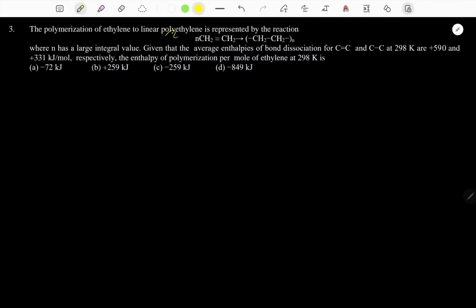Reaction of ethylene to linear polythene is represented by the reaction. n moles of ethene is converted to the corresponding polymer polyethene. So the polyethene structure you can write CH2, CH2, CH2, CH2, CH2, CH2 like that.